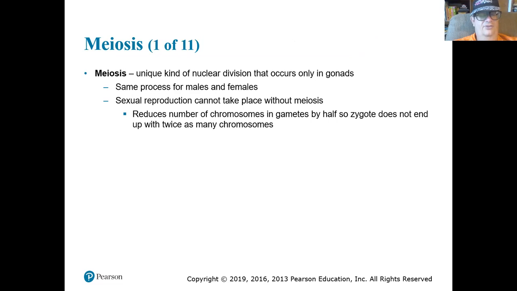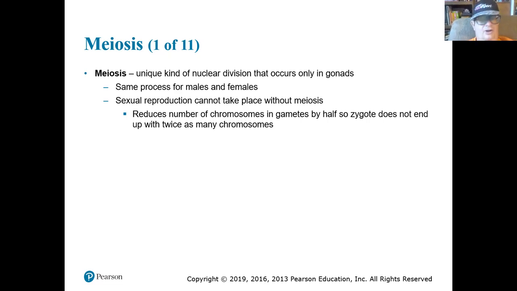You start with the normal amount of chromosomes in a cell, 46, you double the DNA, and then you divide in half. So you do one division and get the normal amount of chromosomes. You go from normal to doubled, and then you divide into two that are normal.